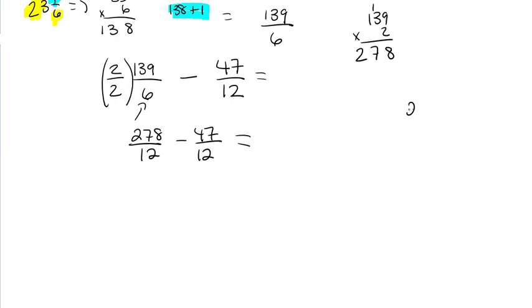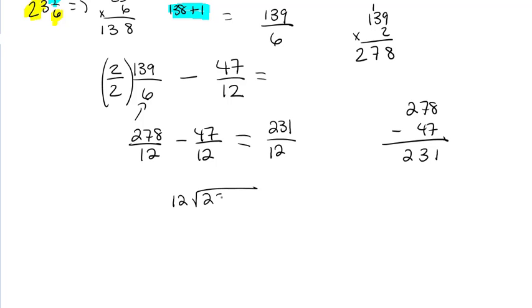So when we go 278 minus 47, 8 minus 7 is 1, 7 minus 4 is 3, and then just 2. So we're left with 231 over 12. And then we need to convert it back. So we have 12 goes into 231.